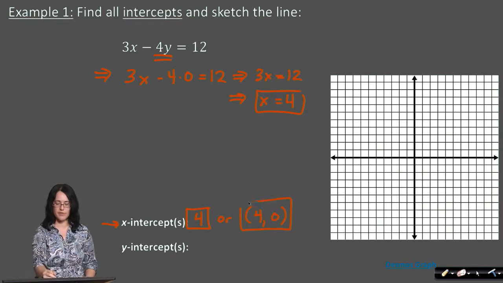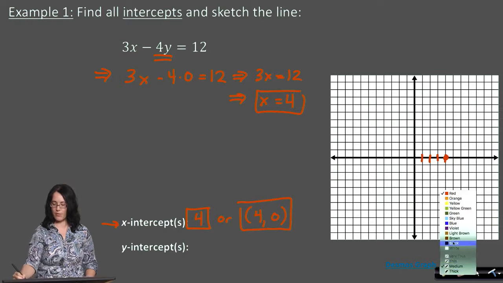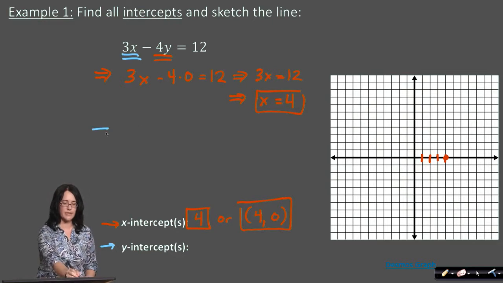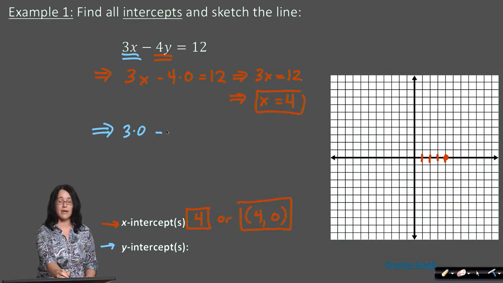Or we could interpret it as the point, x is 4 when y is 0. So on our graph, this would mean we'd go 4 units to the right, wouldn't we, from the origin? And that would be our x-intercept. What about for our y-intercept? What did we do? Yeah, we let x equal 0. So if we let x equal 0, we'd have 3 copies of 0. 3 times 0 is 0, it's gone. Minus 4y equals 12. Just watch your signs here.